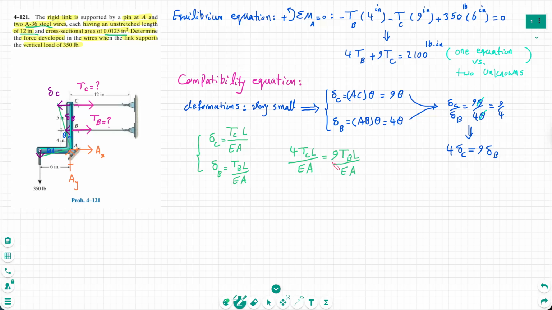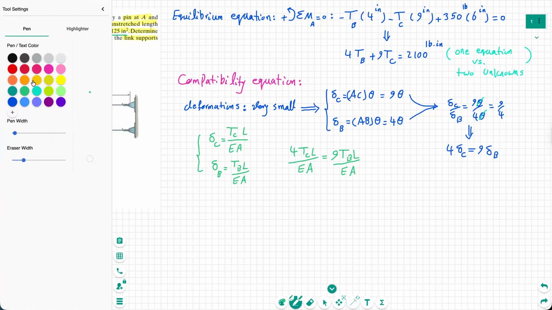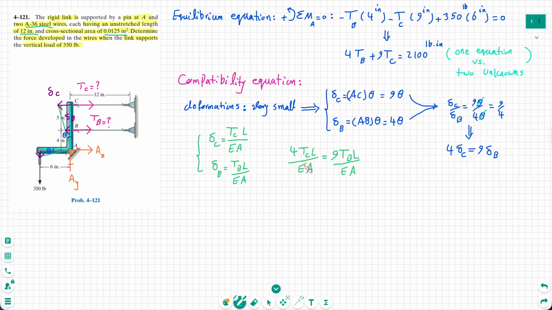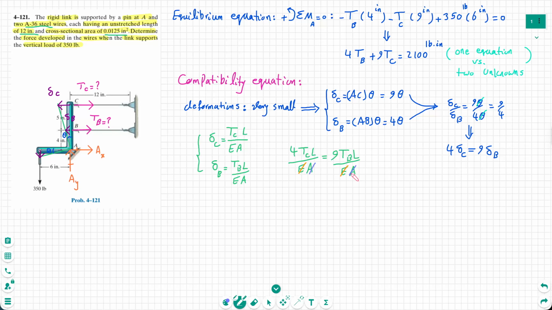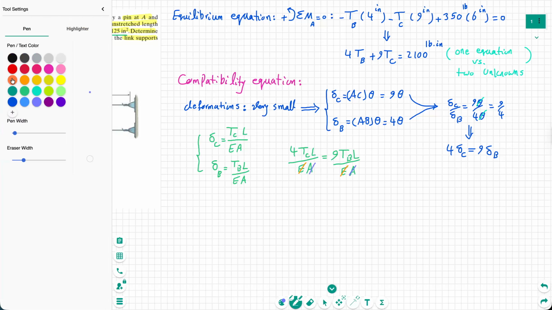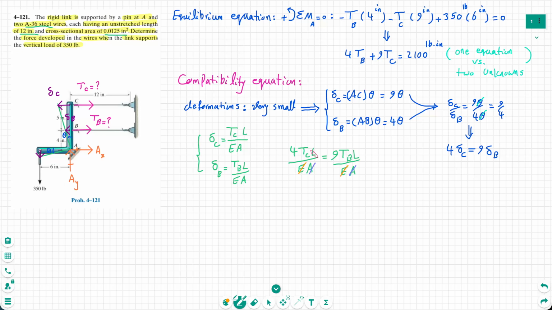The good thing here is that you can cancel out E by E, A by A because they have the same cross section, and L by L. When everything cancels out, you get this equation: 4TC equals 9TB.